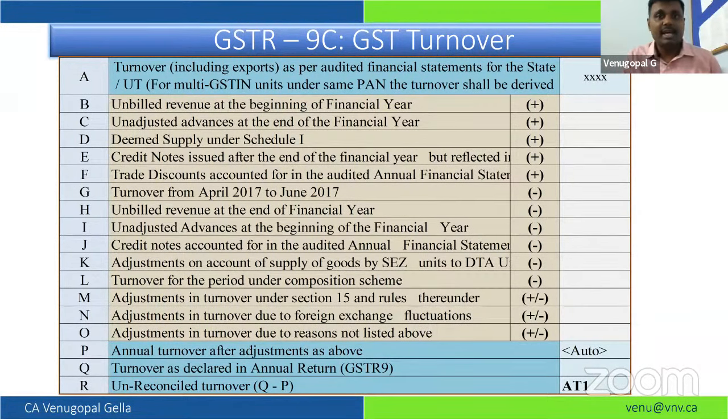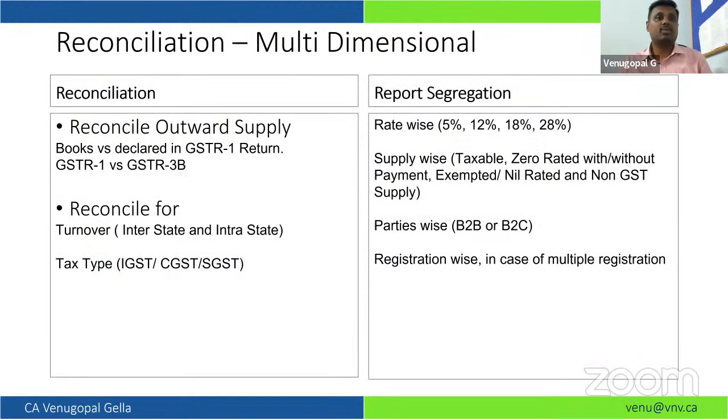Section 12 and 13 gives you a different value versus AS 9 revenue recognition. Do these adjustments from the turnover which you have carved out from the PAN based to GSTN based books turnover to the GST turnover. After doing it, you need to do multiple reconciliations and report segregation.